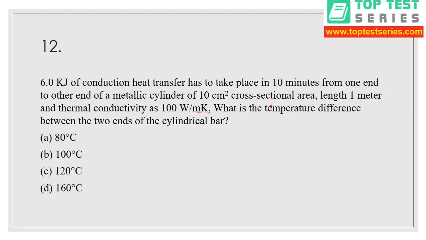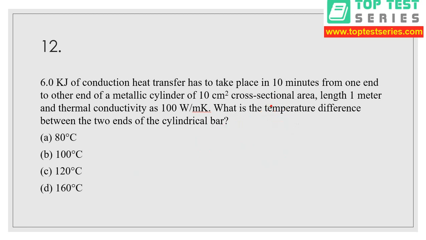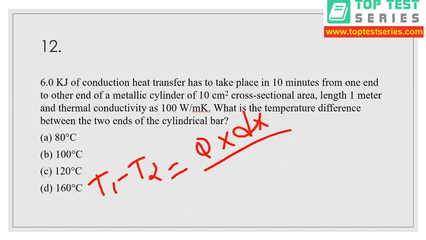Now my dear, we know that Q is equal to KA (T1 minus T2) by dx. We have to find out T1 minus T2. We have given Q. So we can write like this, T1 minus T2 is equal to Q multiplied by dx by KA. We can write like this, okay?